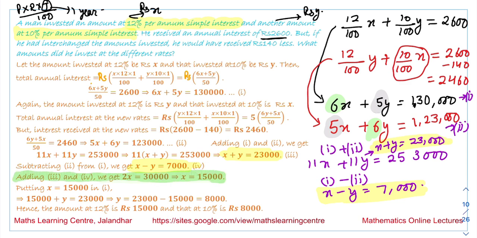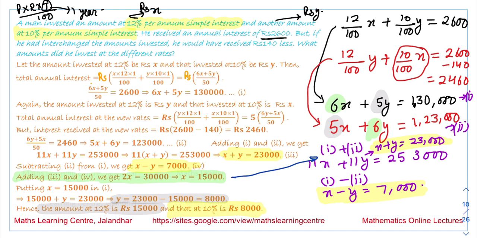So the value of x is 15,000. If we put this value in the first equation, we get the value of y is 8,000. So the amount at 12% is 15,000 and the amount at 10% is 8,000.